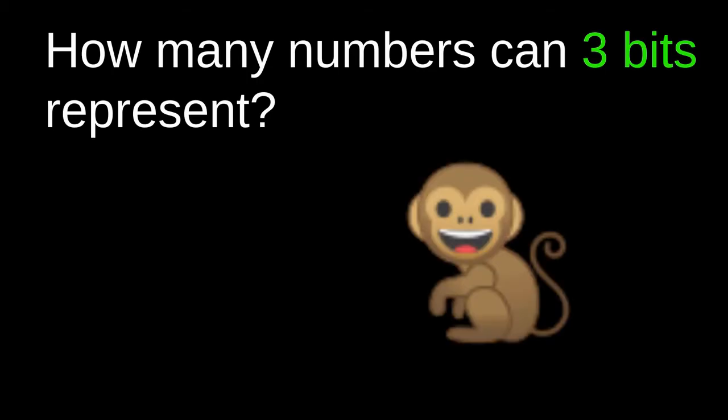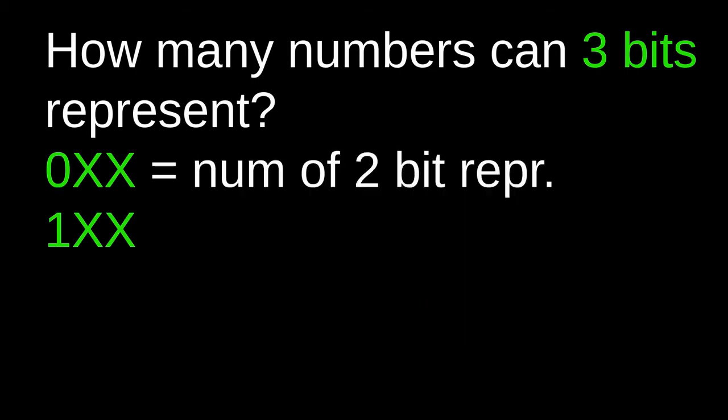This time, instead of listing out all the possible 3 bits and then counting them, let's be a little bit clever here. We know that any 3 bits is either going to start with a 0 followed by 2 bits of zeros and ones, or it's going to start with a 1 followed by 2 bits of zeros and ones. And how many ways can we have a 0 followed by 2 bits of zeros and ones? Well, this is equal to the number of 2-bit representations.